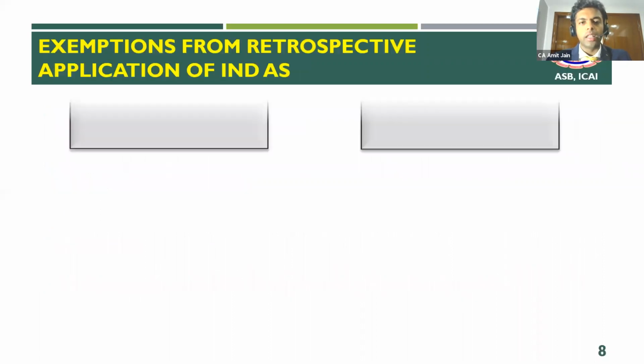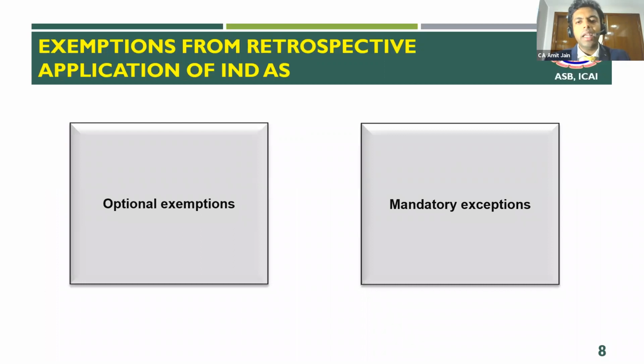Okay, guys, what else? Then we have the mandatory exceptions and optional exemptions, right? A very, very important aspect, because all the 38 accounting standards are applicable retrospectively, right? Retrospective means that from the date the standard came or the transaction came into the picture, the standard needs to be applied from that date.